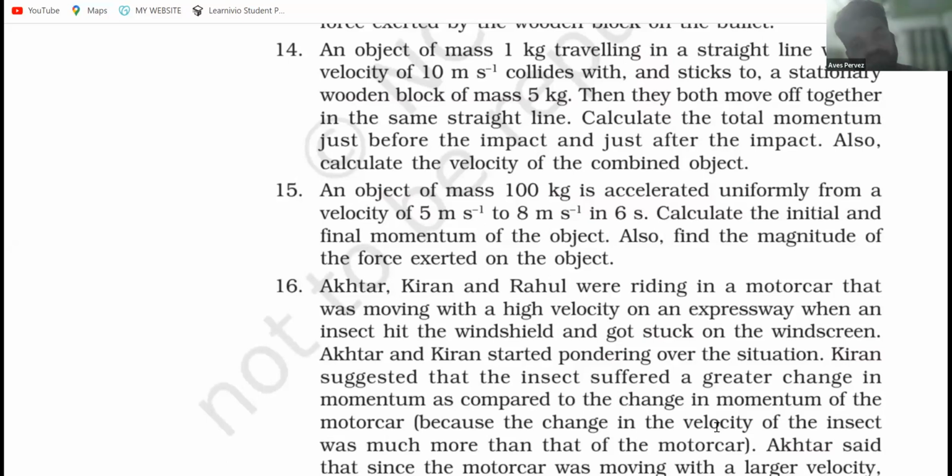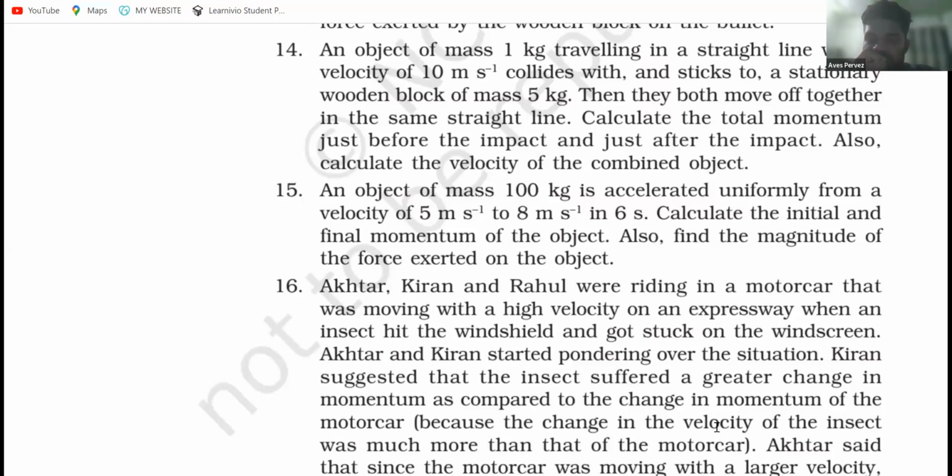Now do question number 15. Done, sir. The initial momentum is 500 kg meters per second.